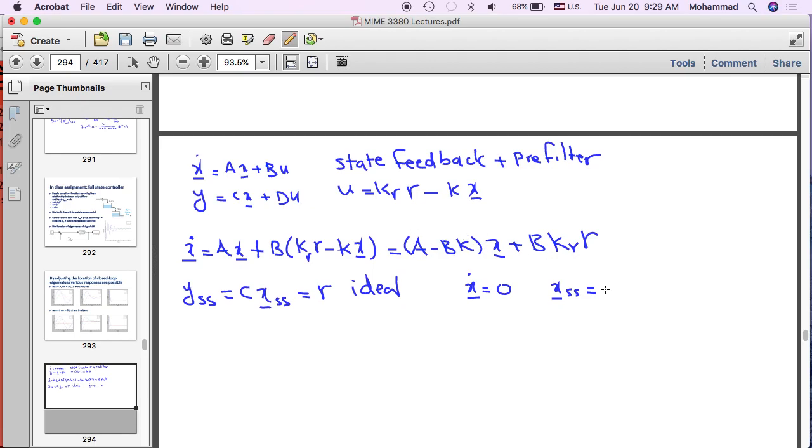So it would be minus A minus B times K inverse times B times KR times R. Can you see that from the top equation? By setting x dot equal to 0, x steady state can be calculated.